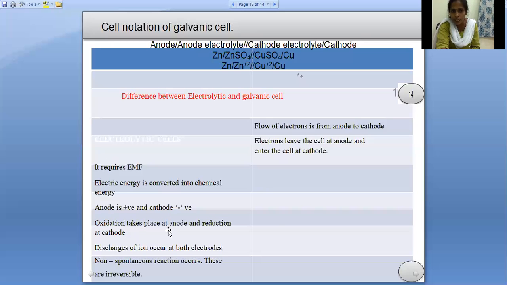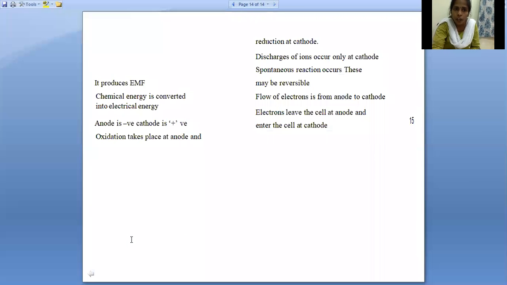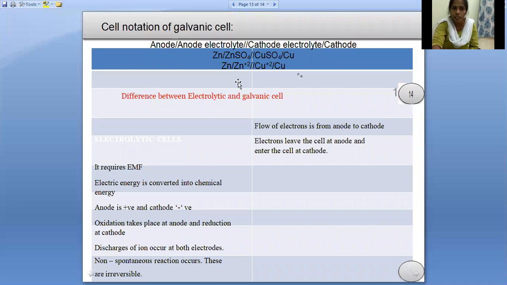Oxidation takes place at the anode and reduction takes place at the cathode. That means whatever the type of cell, electrolytic or electrochemical, oxidation always takes place at the anode and reduction always at the cathode. Only the sign is opposite.